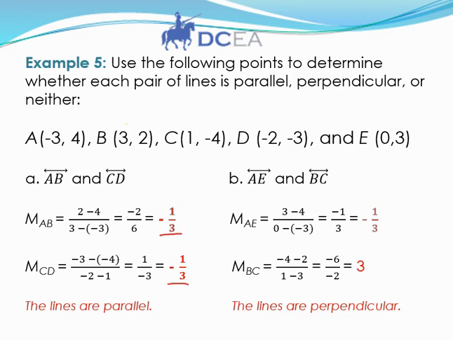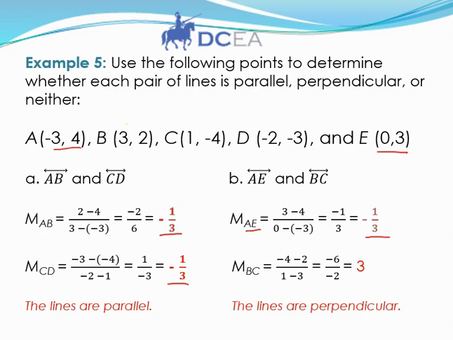Now we're going to compare lines AE and BC. So we use the points from A and from E for our first slope formula, and we substitute into the formula, and we end up with a slope of -1/3.